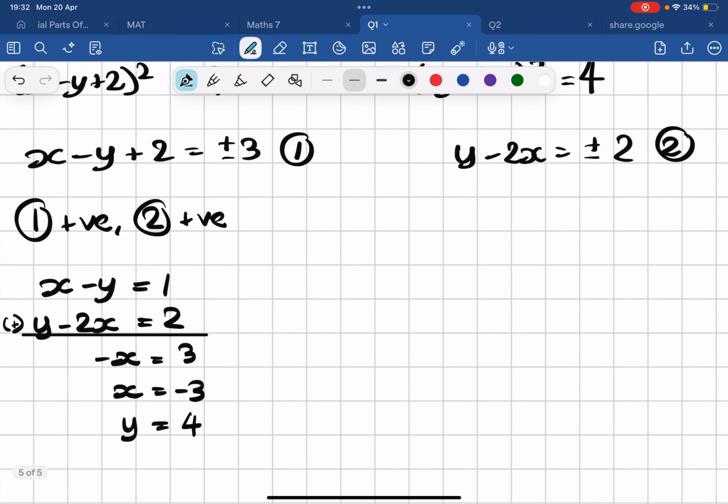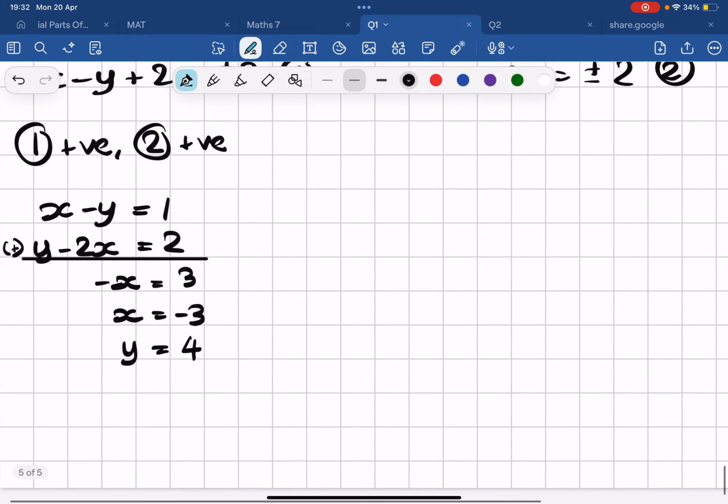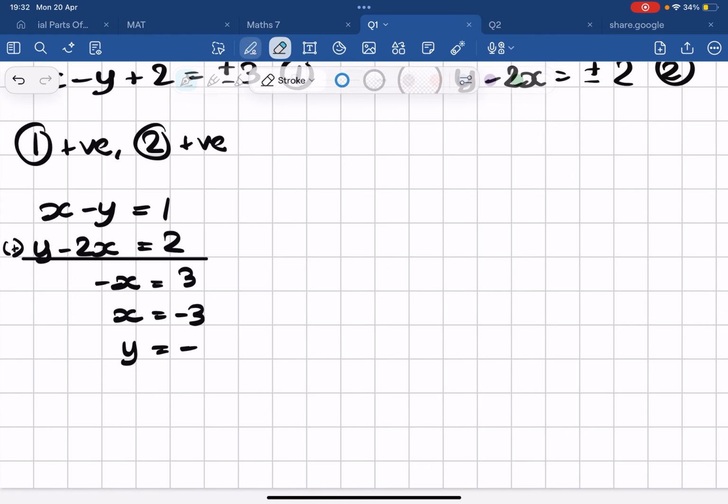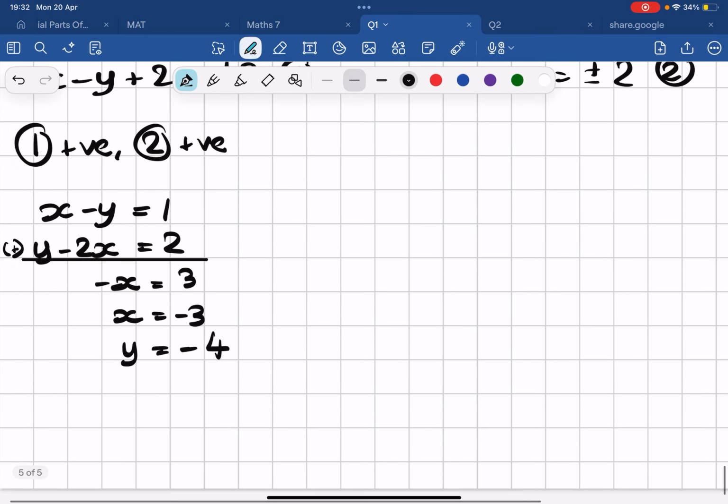Minus 2x equals 2, so if x, that is a mistake, y should be minus 4. So minus 3 minus minus 4 equals minus 3 plus 4, which is 1. y minus 2x, so minus 4 minus 2 times minus 3, so plus 6 equals 2. That is our first pair of solutions.